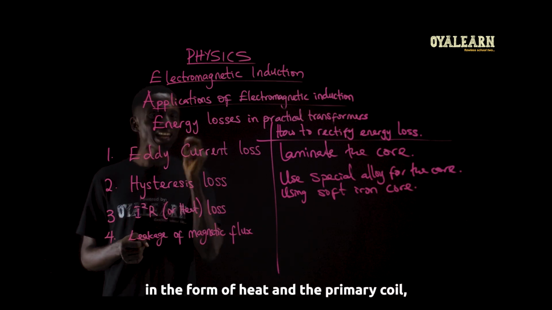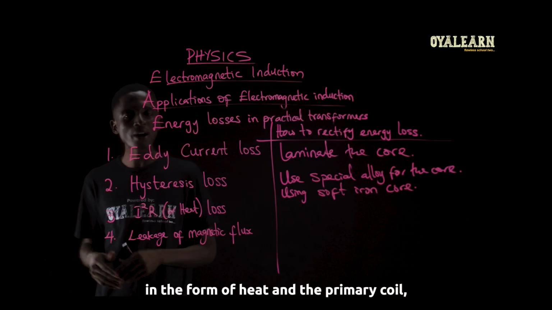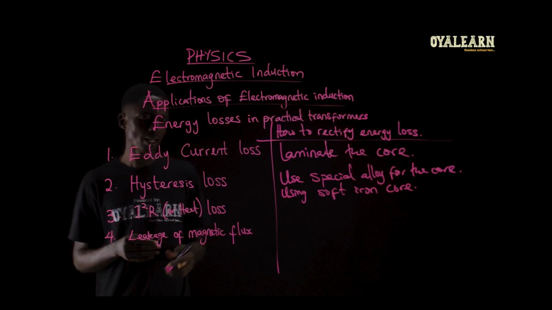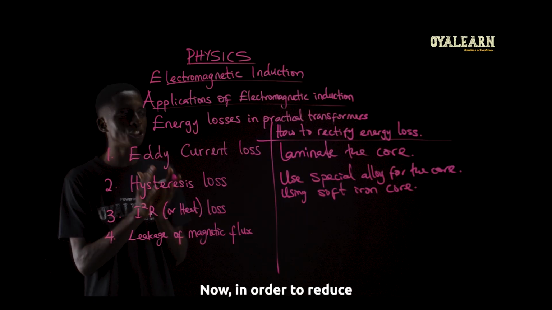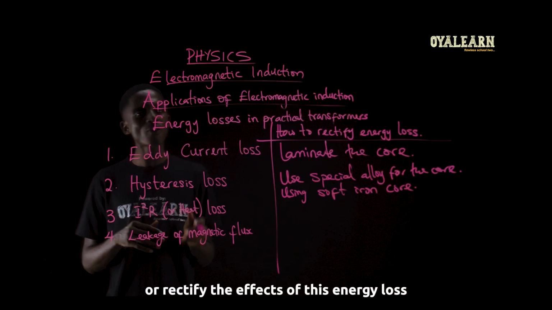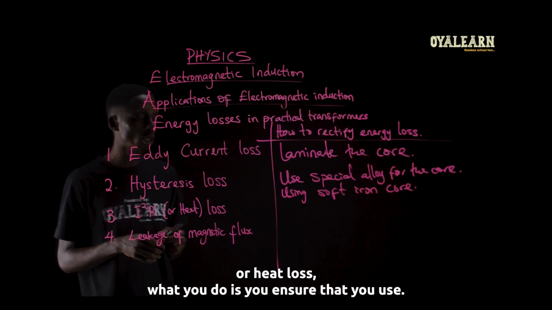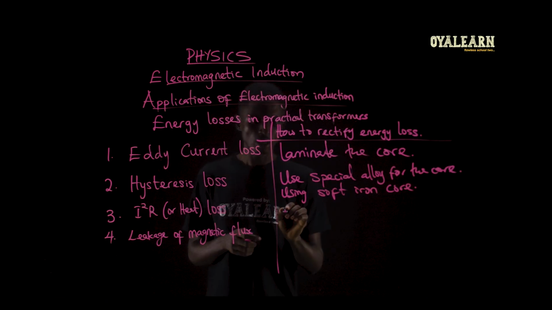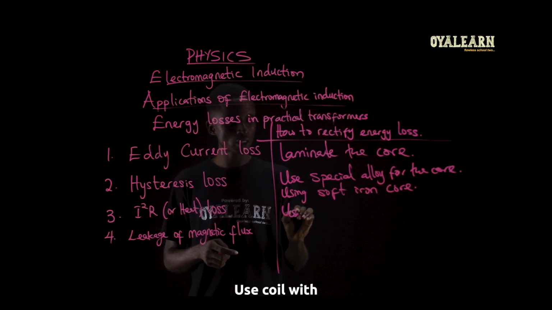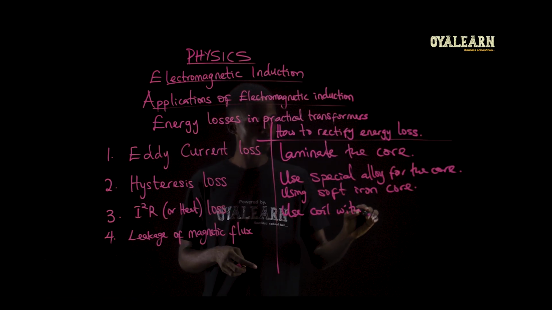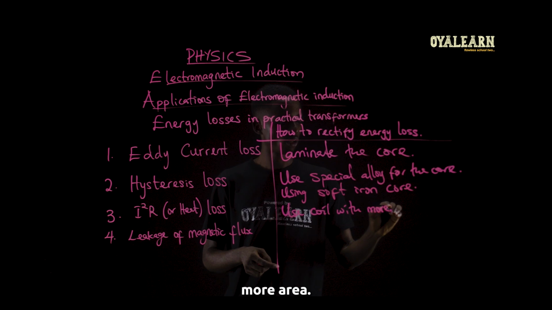Energy is wasted in the form of heat at the primary coil just as much as it is wasted at the secondary coil. Now, in order to reduce or rectify the effect of this heat loss, what you do is you ensure that you use a coil with more area.